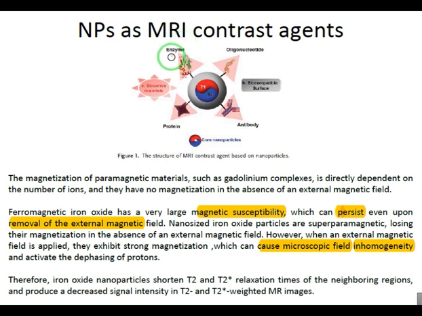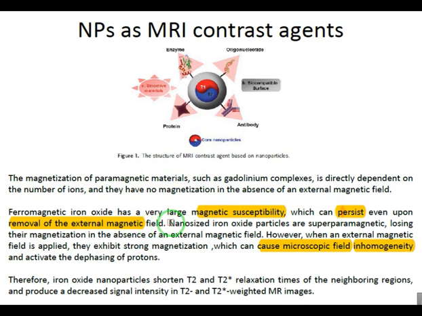You know, the ferromagnetic iron oxides have a large magnetic susceptibility, and this property can persist even upon the removal of the external magnetic field.